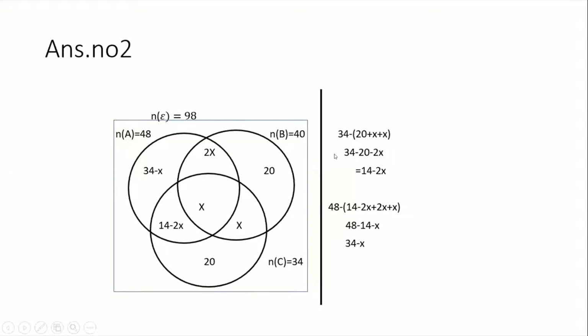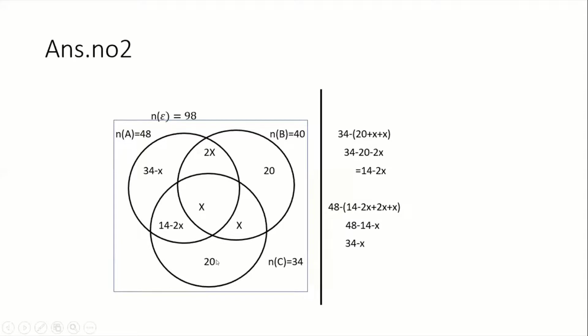To find it, remember that 34 is the number of people in the whole of set C. So that is 34 minus the quantity 20 plus 2x. If we open up the brackets, that is 34 minus 20 minus 2x, which gives us 14 minus 2x at the end of the day for our A intersection C only.